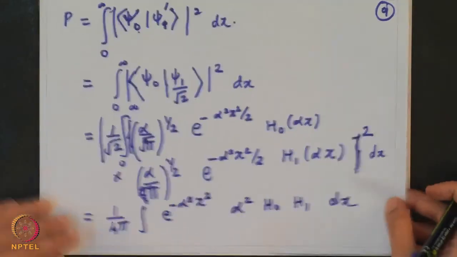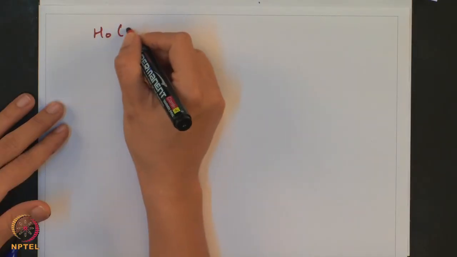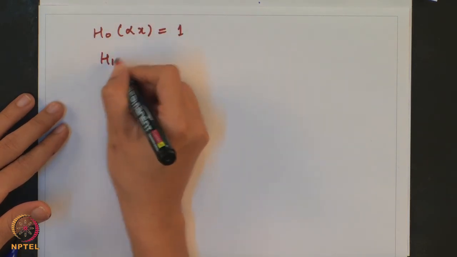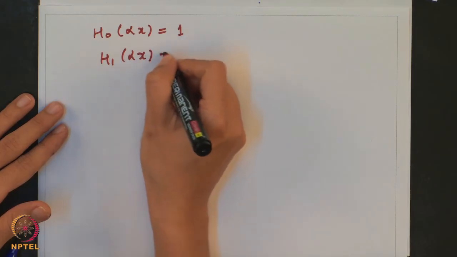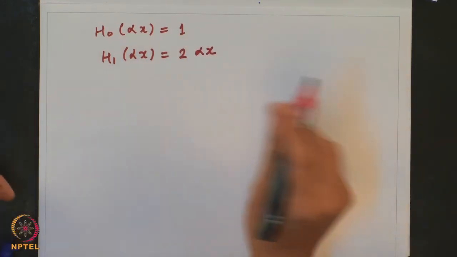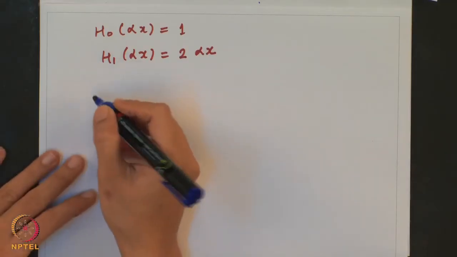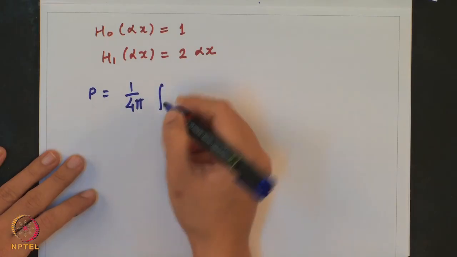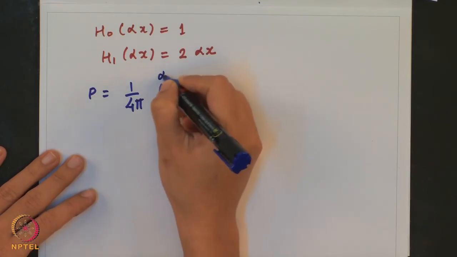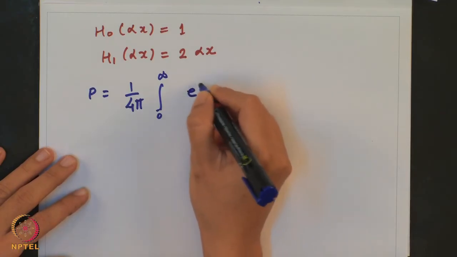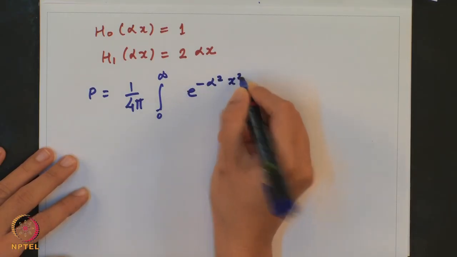Now, remember H naught of alpha x in this case will be 1 and H1 alpha x will be 2 alpha x. So, when I substitute this I get 4 pi from 0 to infinity, and then I will have e raised to minus alpha square x square.